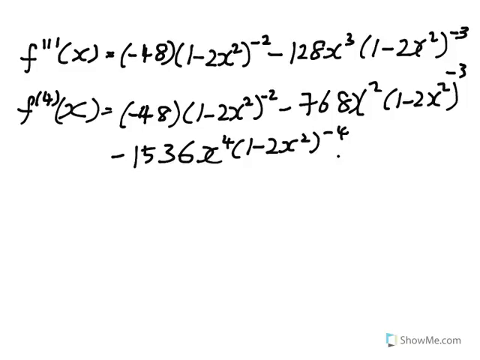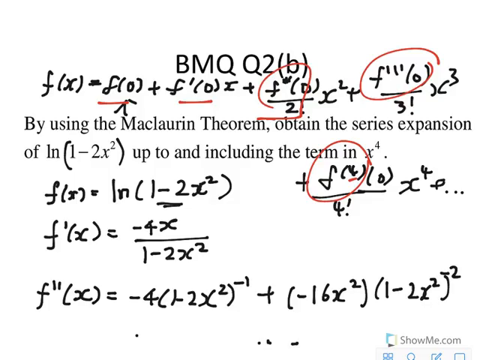Okay, now from here, you need to slowly substitute everything, substitute x equal to 0. Okay, so let's look at the first one. If I sub x as 0, this will be 1 minus 2 of 0, this will just give me ln 1, which is 0. Okay, looking at f prime 0, since the top is going to give me 0, 4 times 0 divided by anything is still 0, so it's going to be 0 again.